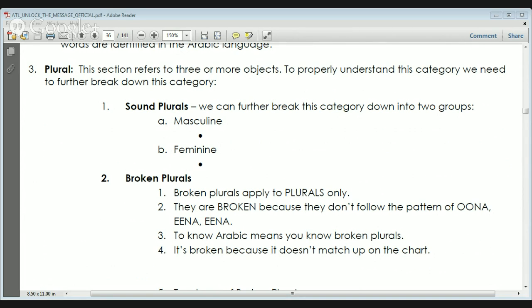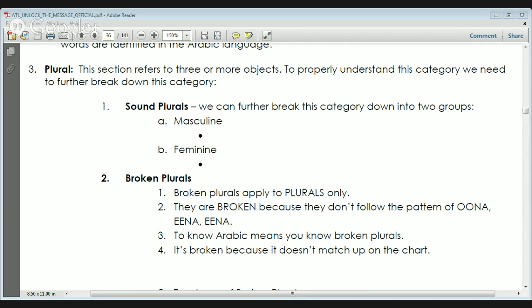It ends in muslimuna or muslimina. And for feminine, muslimatun or muslimatin. One of those two.